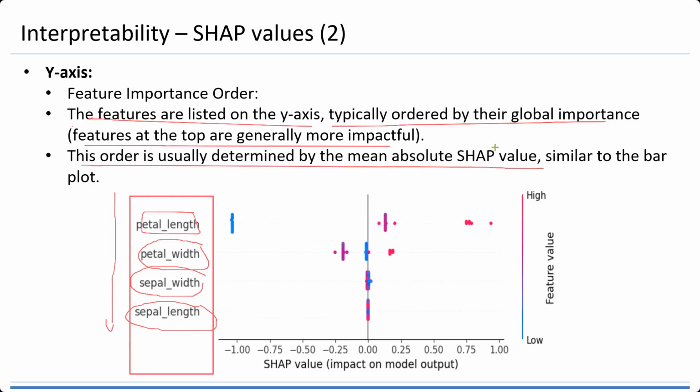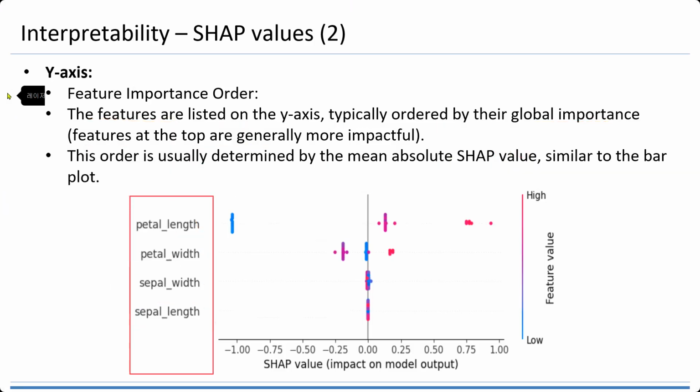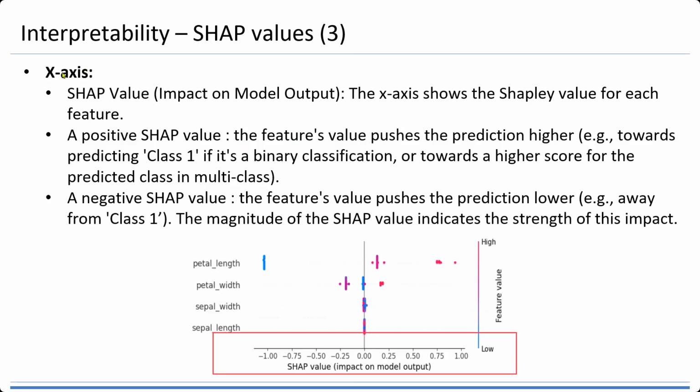So we look at the bar plot. Based on the bar plot, we can see how big the SHAP value is. The x-axis means the SHAP value. It is the impact on the model output. So on the x-axis here, we have positive and negative.